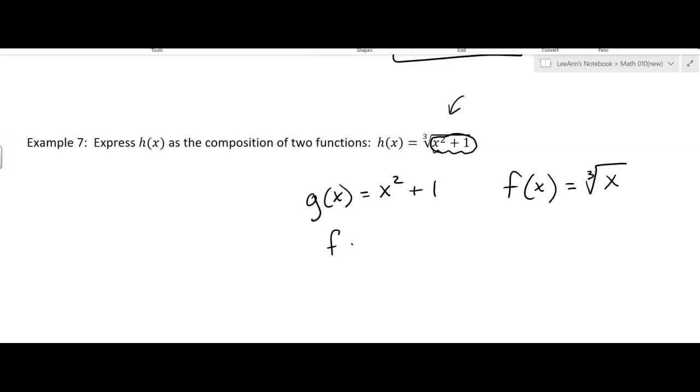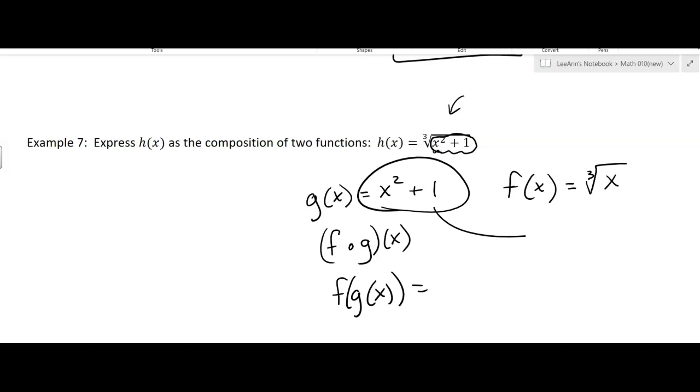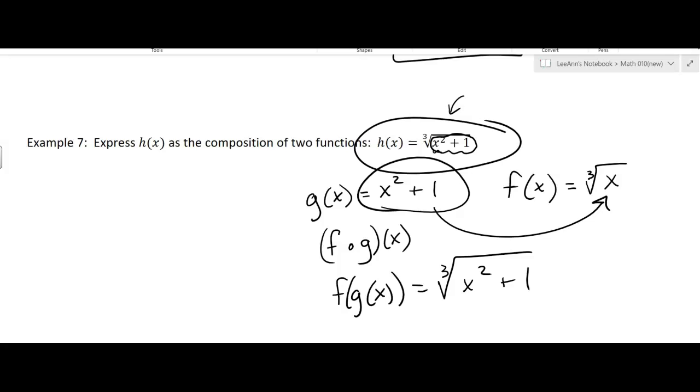So f compose g of x, or f of g of x, that would be all of this being put into the f function. So that would be the cubed root of x squared plus 1, which is what we wanted h of x to be. So what you're trying to do, it says express h of x as the composition of two functions.